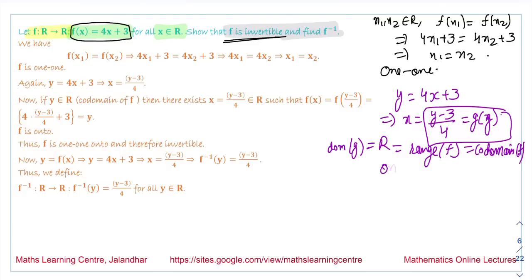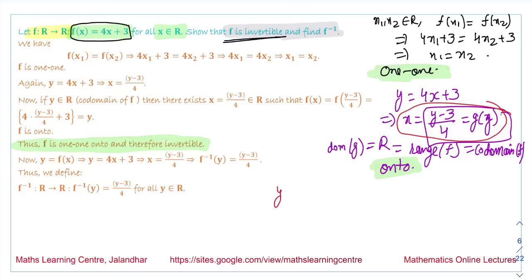So we are saying this function is an onto function. Now as it is both 1-1 and onto, that is, it is bijective. So what we get is that this function is therefore invertible. That is, we can find the inverse of this function.